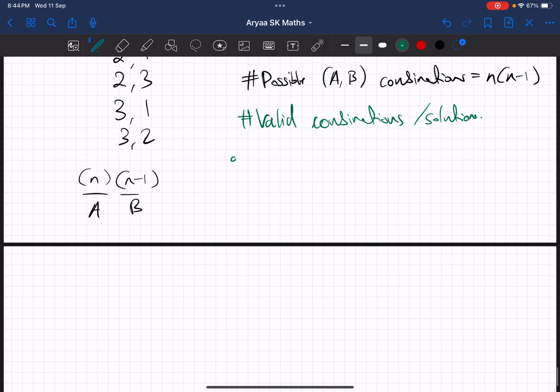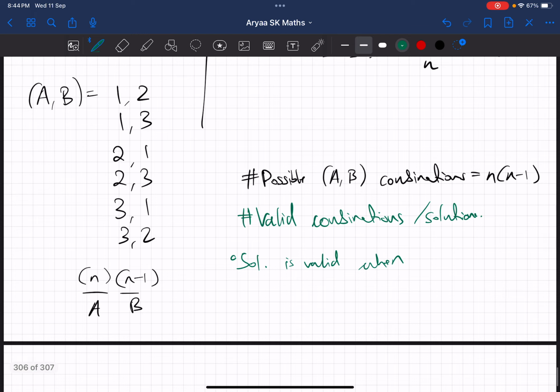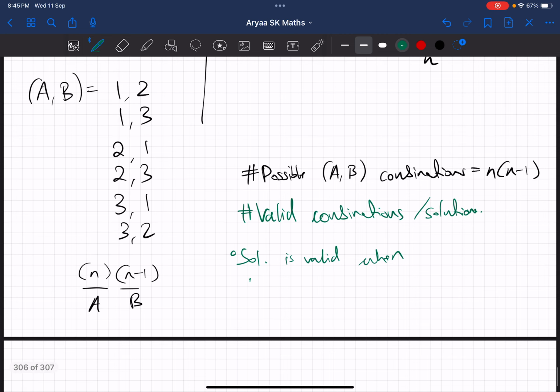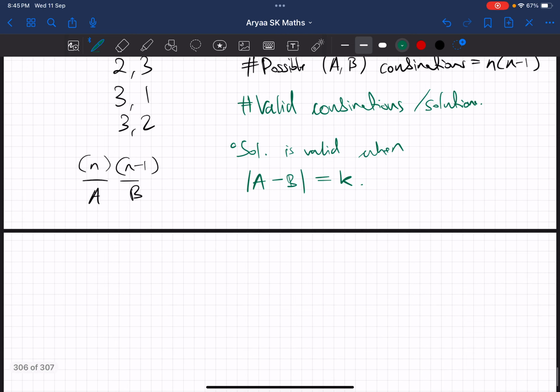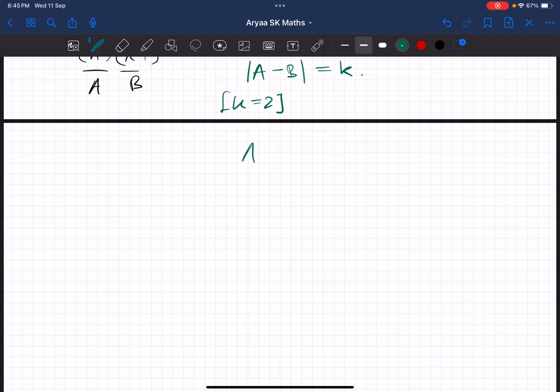And a solution is valid when, this is where our condition comes in. If we want A and B to be separated by k seats, then we need the absolute value of A minus B to be equal to k. So for example, if k was 2, a valid combination might be A is 3 and B is 1.